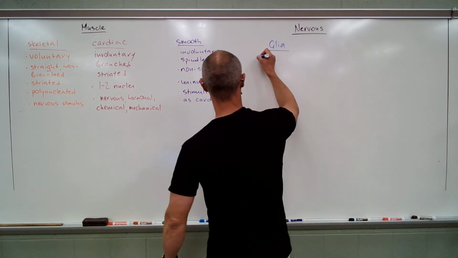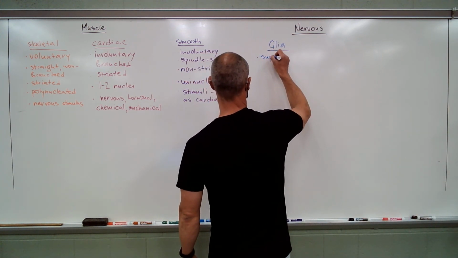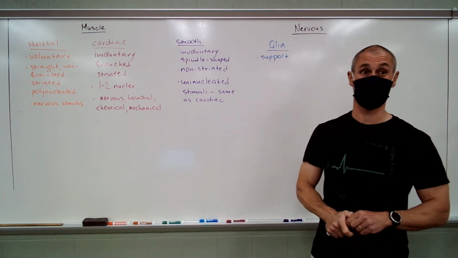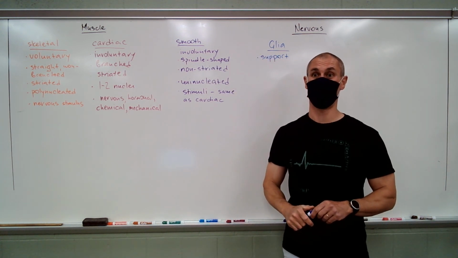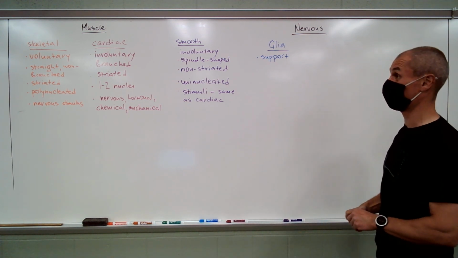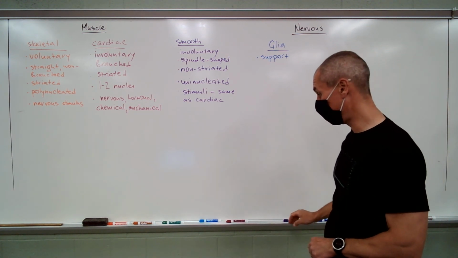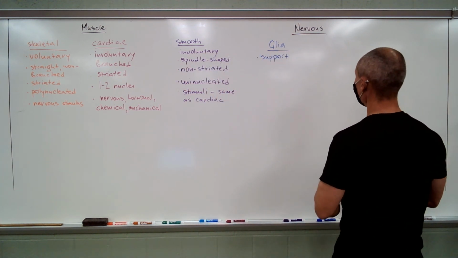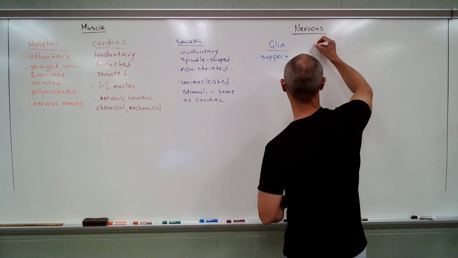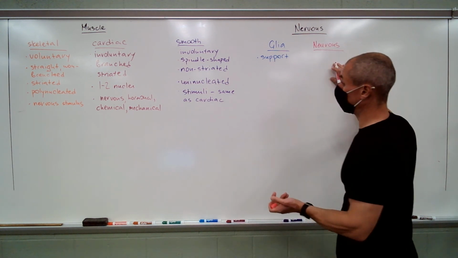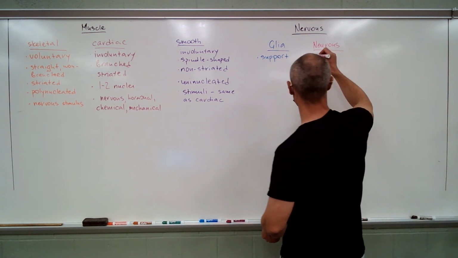The function broadly is support. Since the next three units will be about the nervous system in one way or another, we're going to have a chance to talk a lot about this, so I won't spend too much time. Glia and neurons. All kinds of stuff, so communication, response.